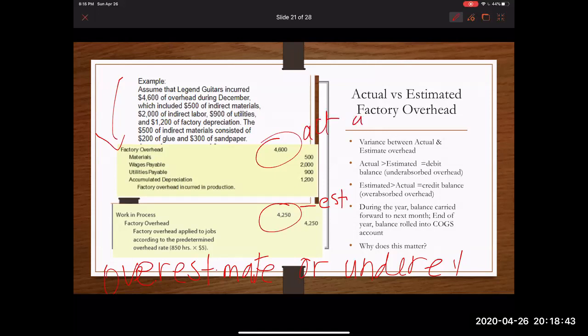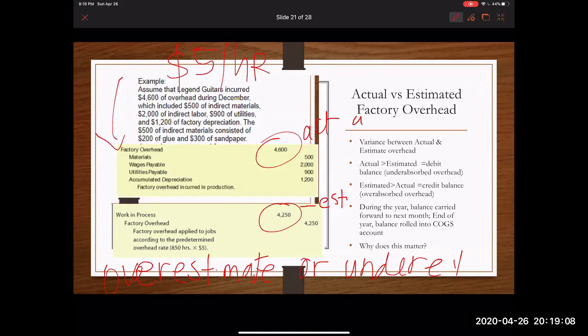What we're saying is that the $5 per hour predetermined overhead rate was not enough, because what actually happened is we came out more. The actual factory overhead of materials, wages, utilities, and all of that was more than what we estimated by the difference between the two.